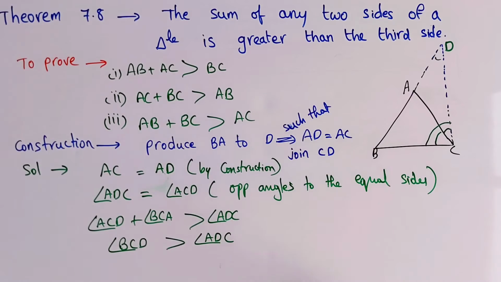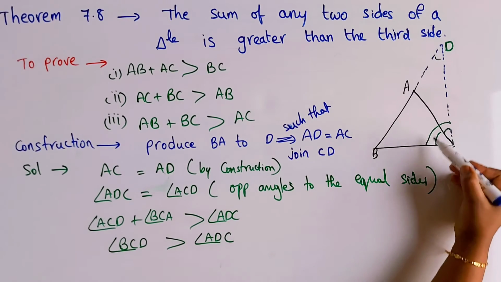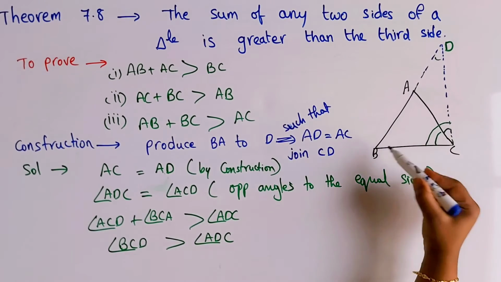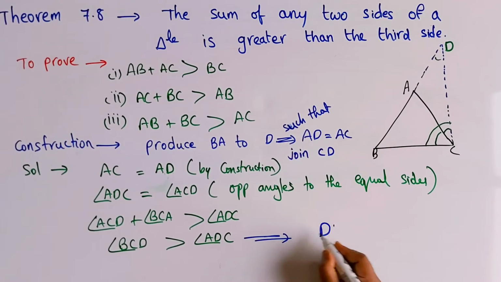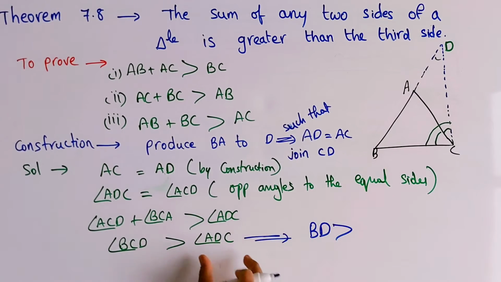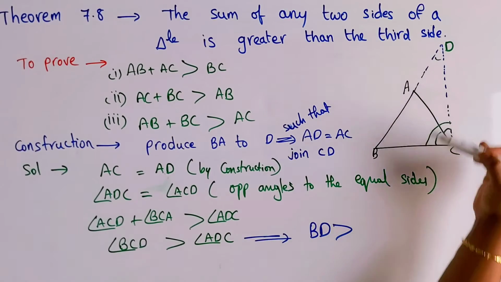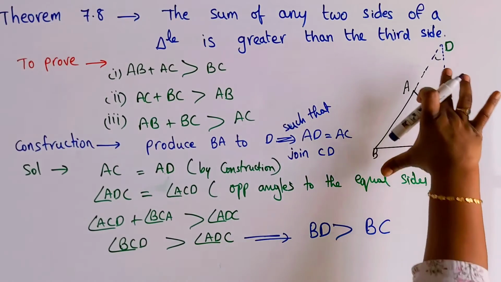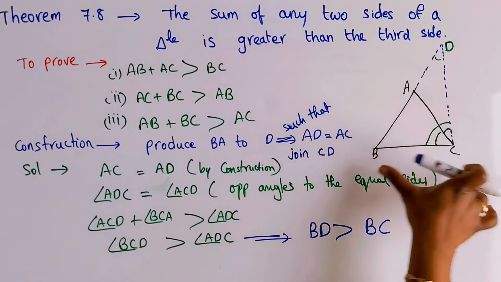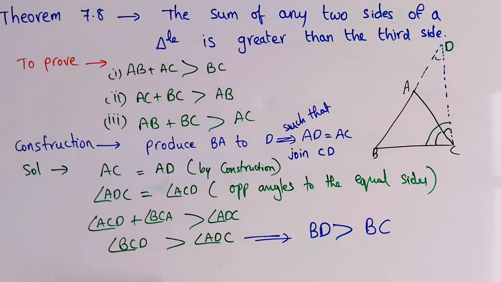From here we can write, what is angle BCD's opposite side, children? It is BD. Therefore we can write that BD is greater than, what is angle ADC's opposite side? BC. Can I write this one? Side BD is greater than side BC.